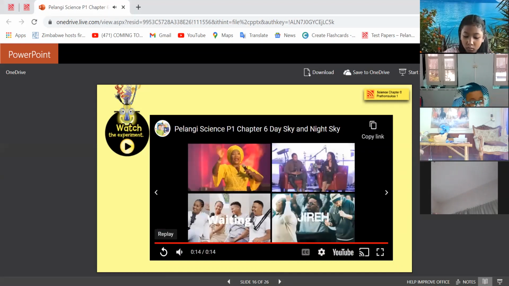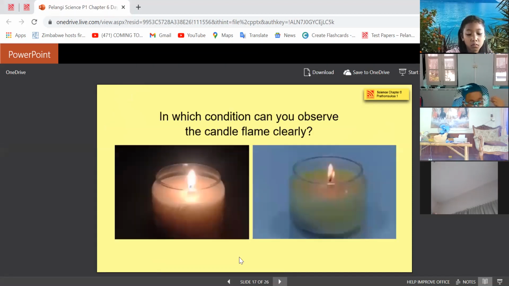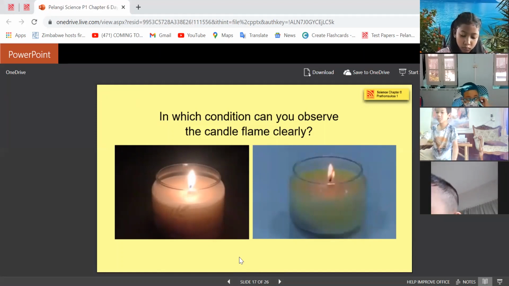All right, okay. So we have seen the video, and in the video we have noticed two things. At first there was a candle and the room was dark, and we could see clearly that there is a candle in the first picture, right?